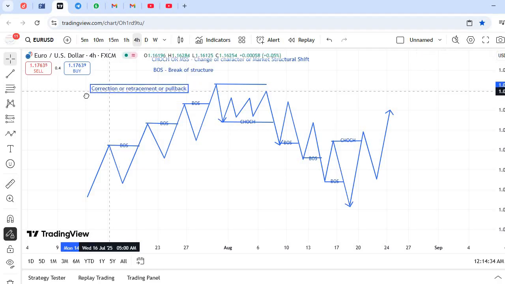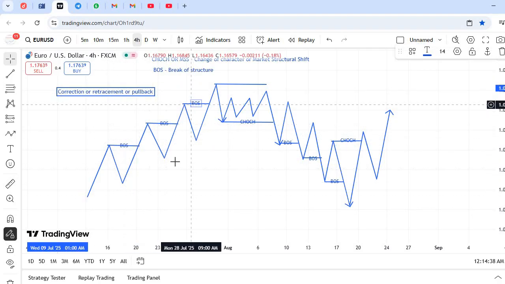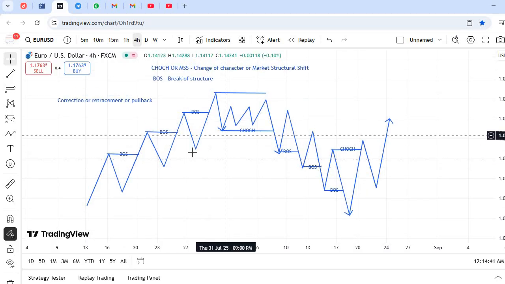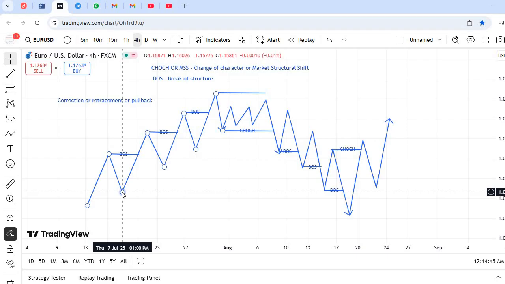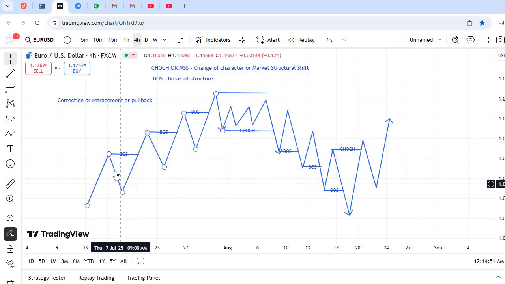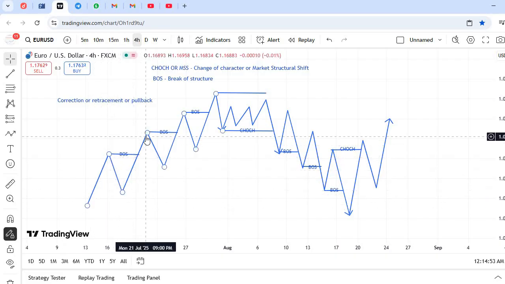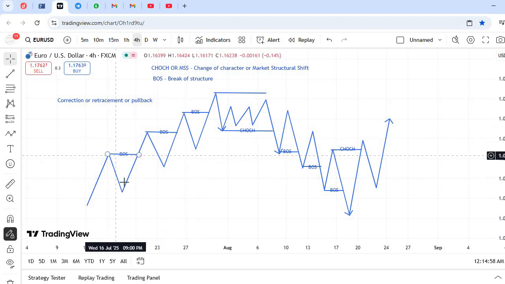So we have the correction or the retracement or pullback. So for a valid trend, the correction is supposed to be at least 50%. You know, for this, can you see, at least it's supposed to be like 50% for a valid pullback.